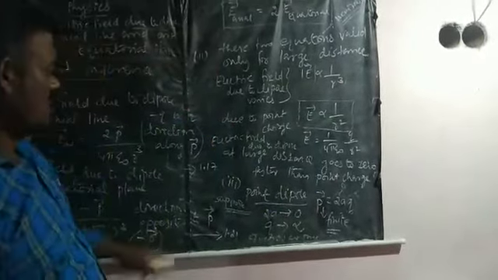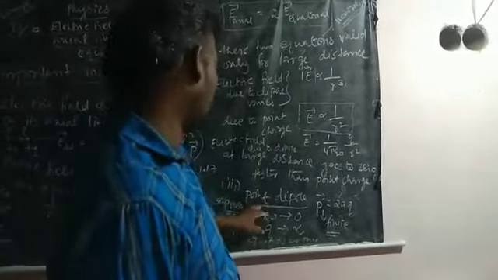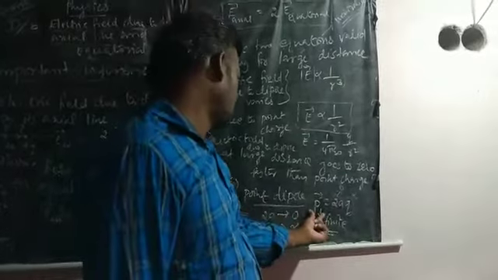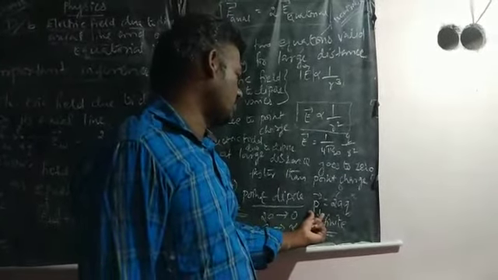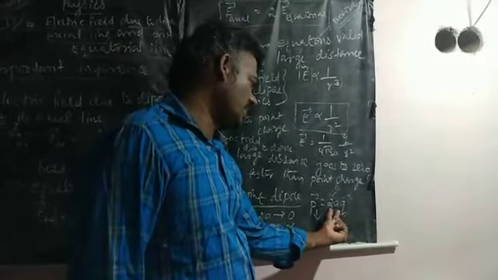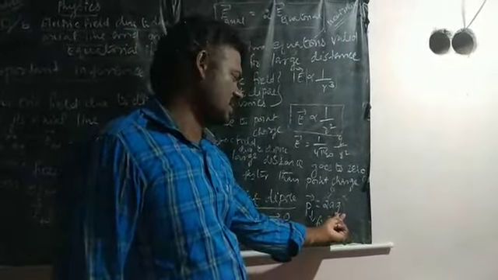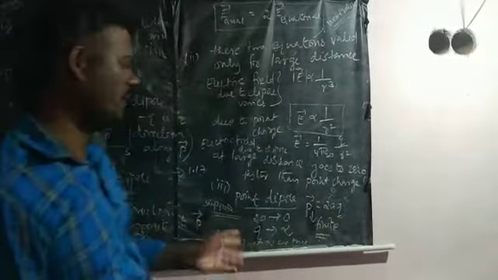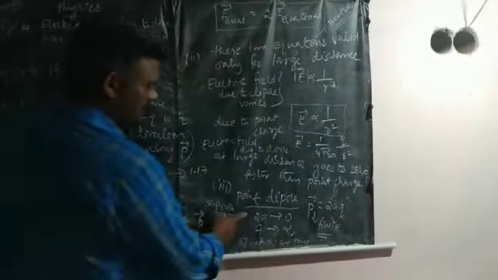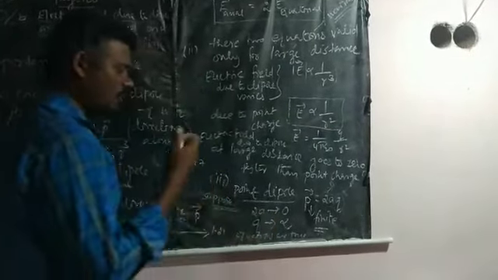Okay. So the third one is the point dipole. Point dipole means the electric dipole moment, the P vector, is equal to 2A into Q. Here 2A is the distance of separation between the two charges, and Q is the magnitude of any one of the charges. So P vector is equal to 2A into Q. Suppose 2A is equal to 0, the distance of separation between the two charges is 0.